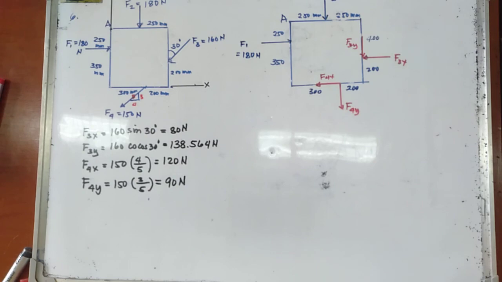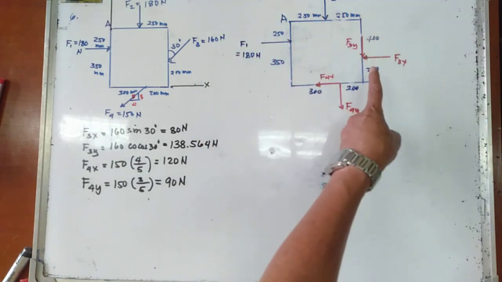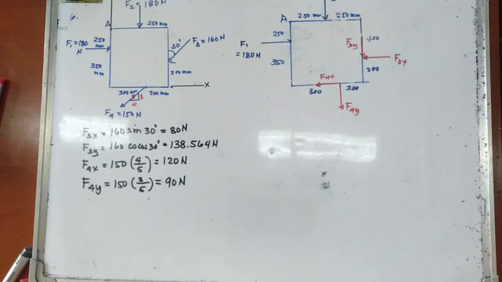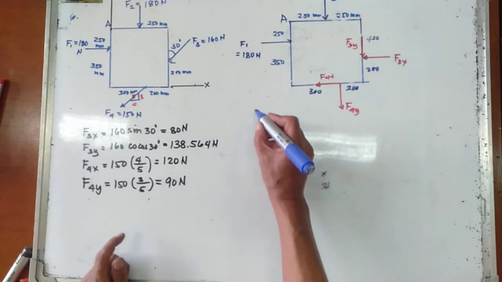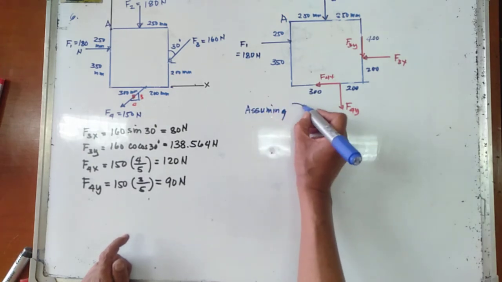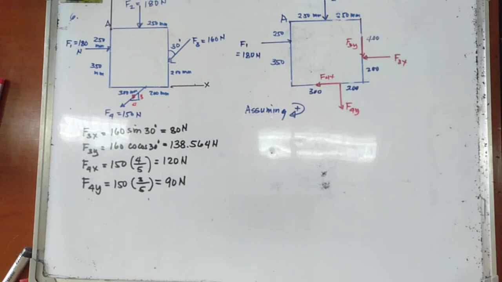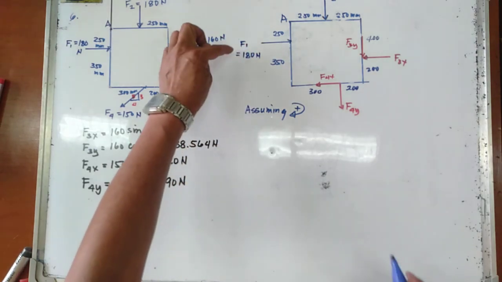So applying now your Varignon theorem, the moment of all the forces about point A, F1, F2, F3, and F4, is equal to the sum of the moments of each component of all the forces about point A. Assuming clockwise moment as positive, let's start with F1.